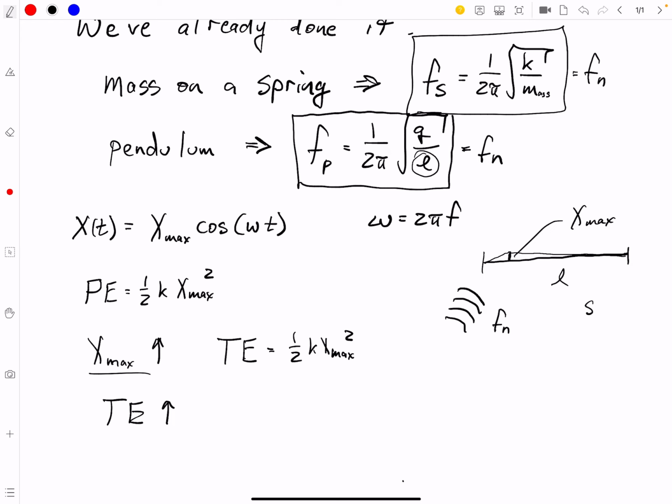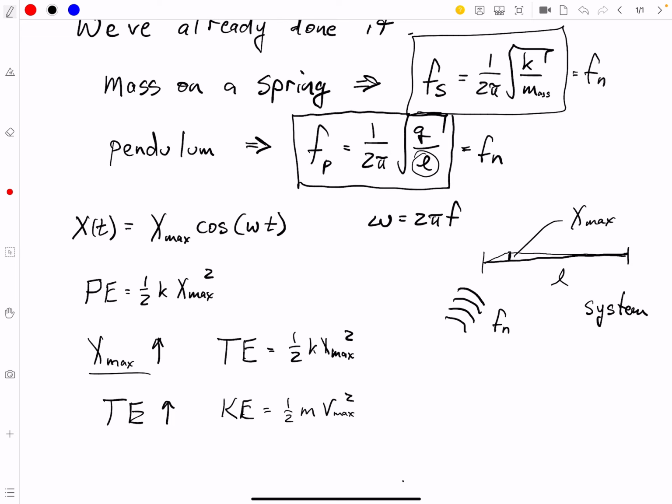This is our system. That also means our kinetic energy will be going up as well, because the velocity will increase as it comes back and forth through x equals 0.